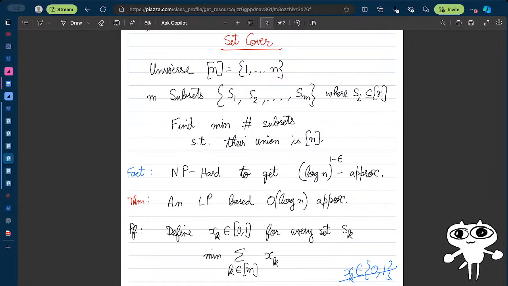Theorem: and an LP-based big O of log n approximation. Okay.